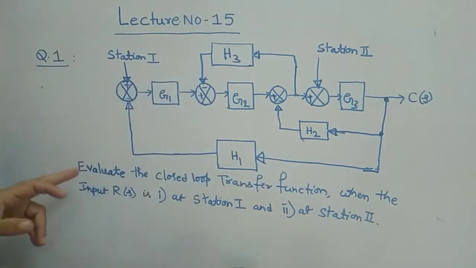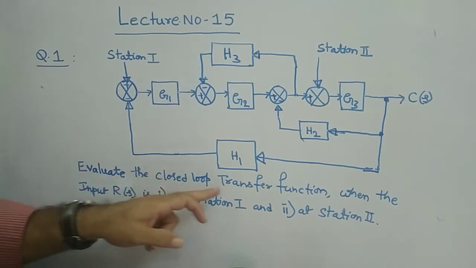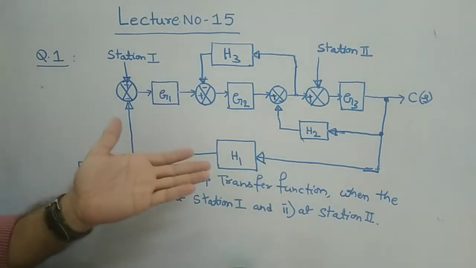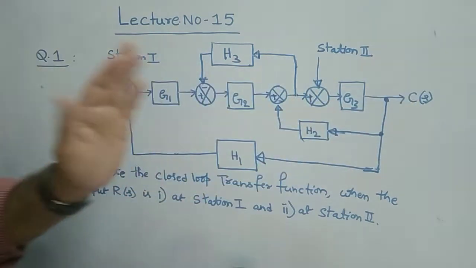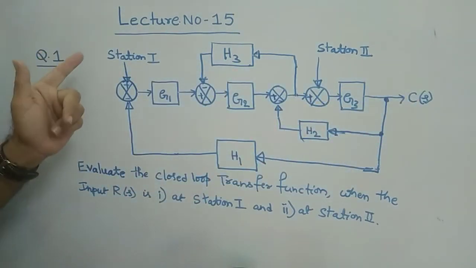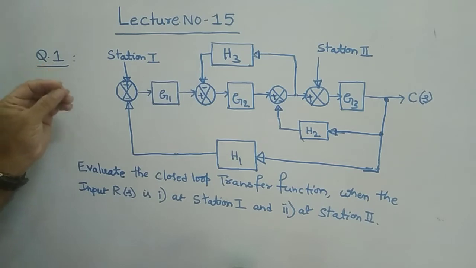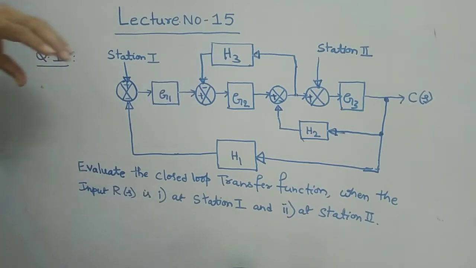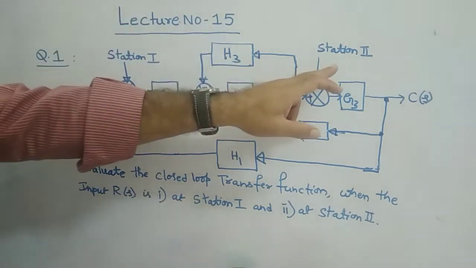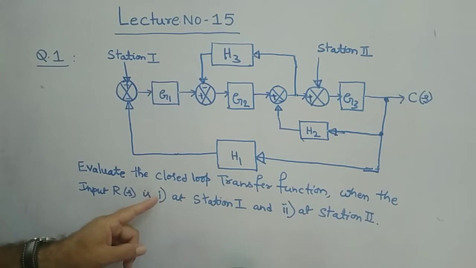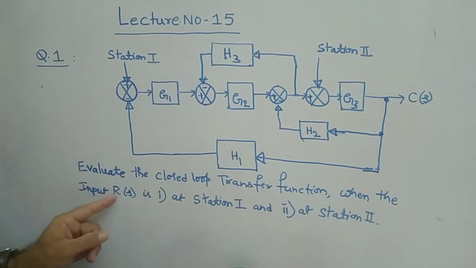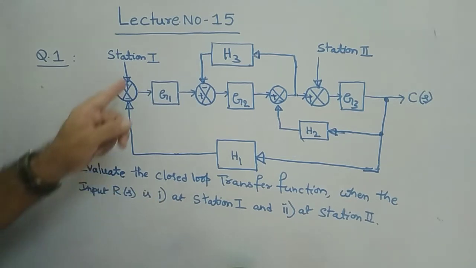In this question, evaluate the closed loop transfer function, nothing but the overall transfer function, C of S by R of S. Here R of S is not directly shown. Instead, it is given that station 1 and then station 2. In the first condition, assume that your input R of S is at station 1.